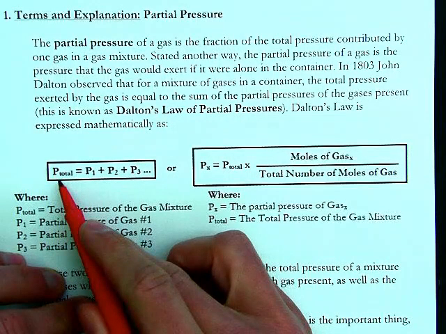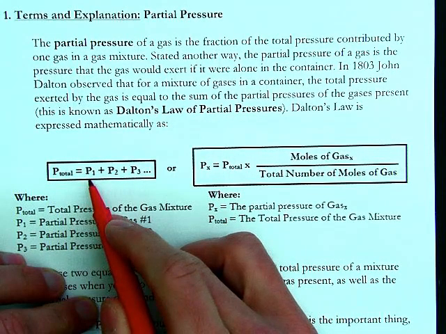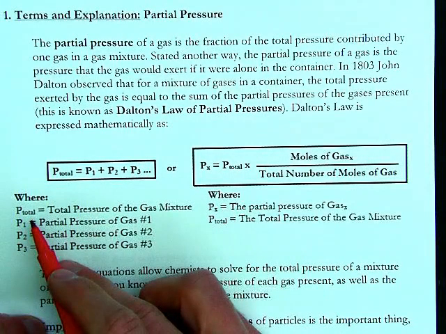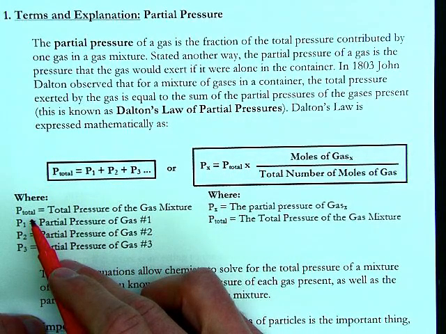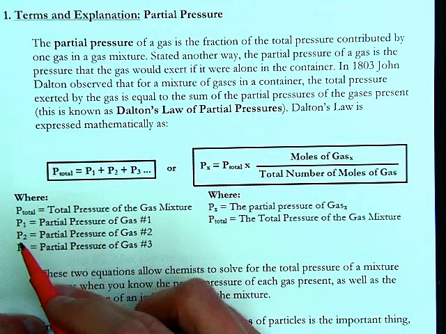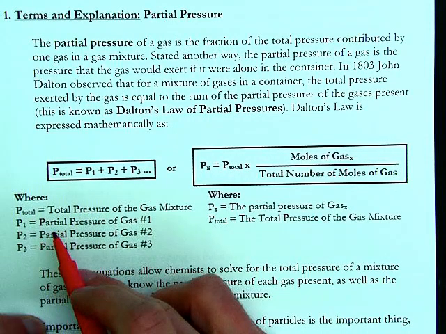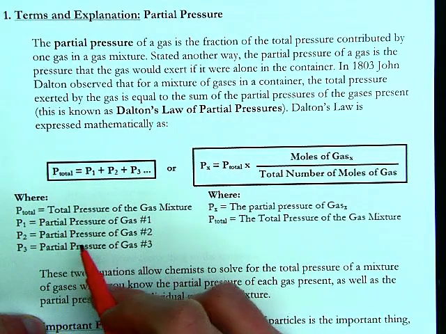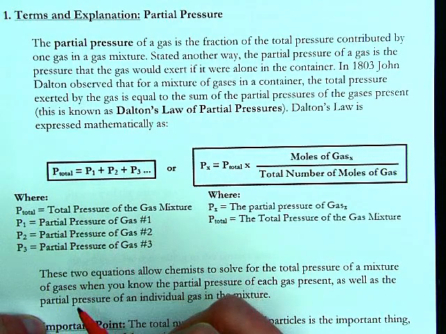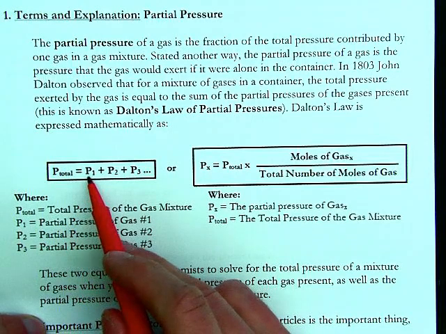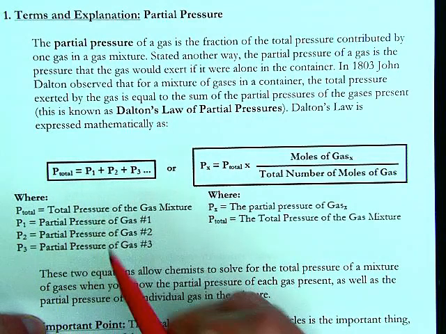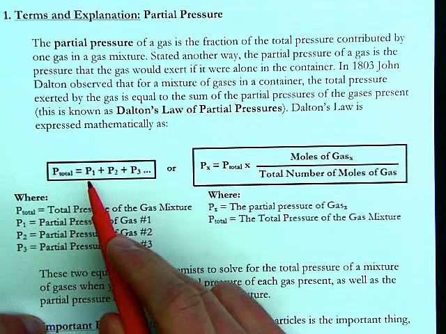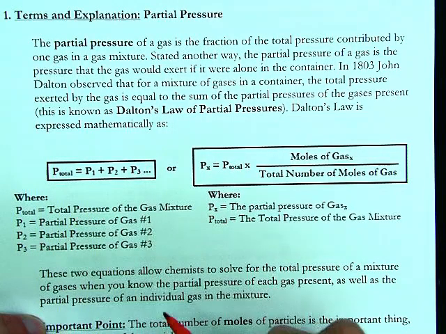Here you can see it says P total equals P1 plus P2 plus P3 and so on, where P total is the total pressure exerted by all the gases in the mixture, P1 is the partial pressure exerted by gas number 1, and P2 is the partial pressure of gas number 2, and so on. The idea here is each gas in the mixture exerts some pressure, and the total pressure is the sum of the partial pressure of each gas in the mixture.